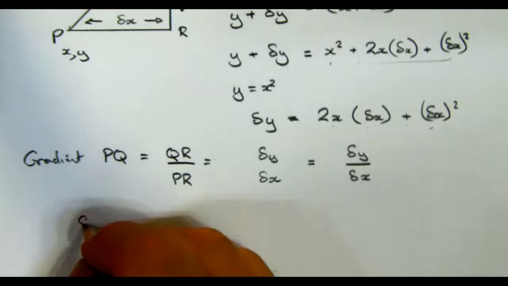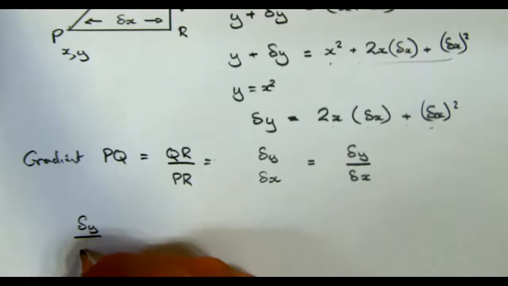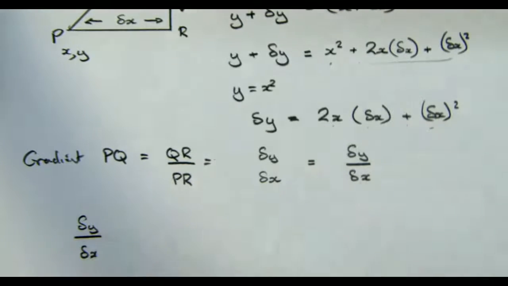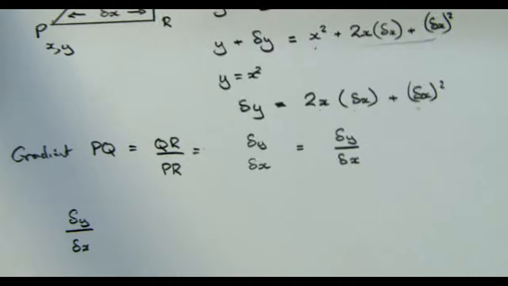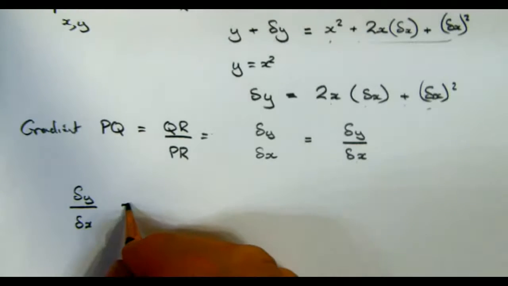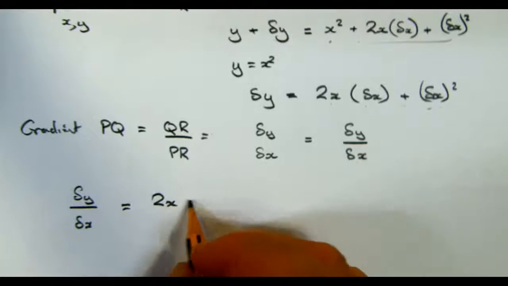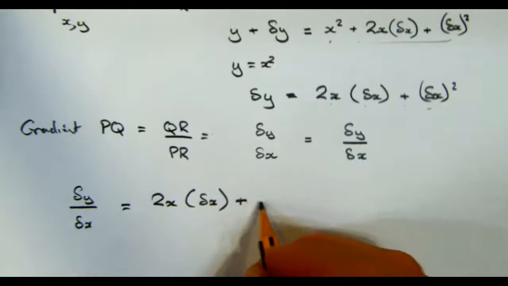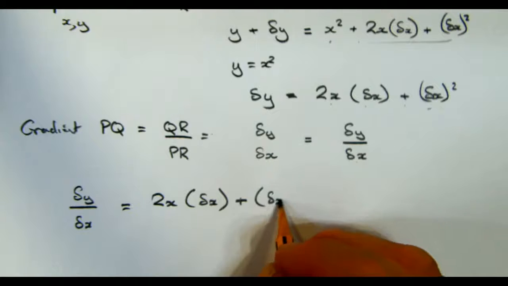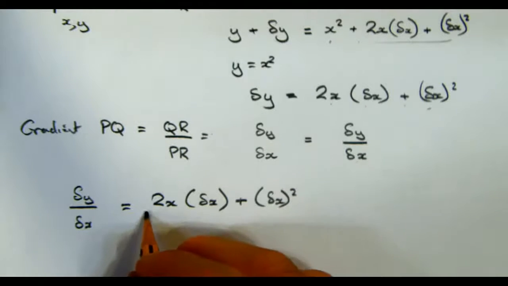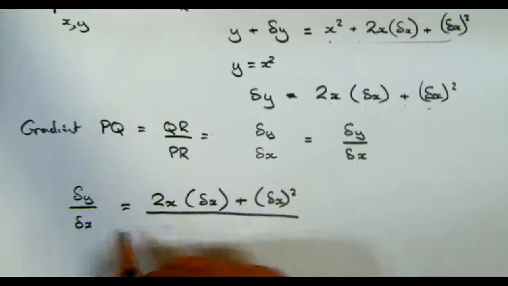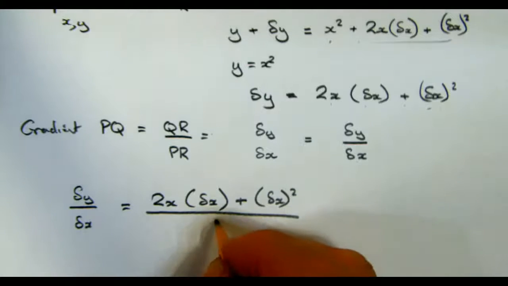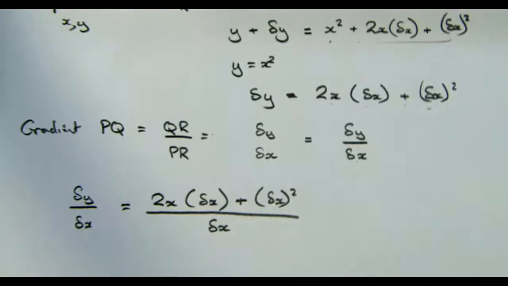So delta y over delta x is going to be equal to 2x delta x plus delta x all squared, the rise over the run, over delta x.